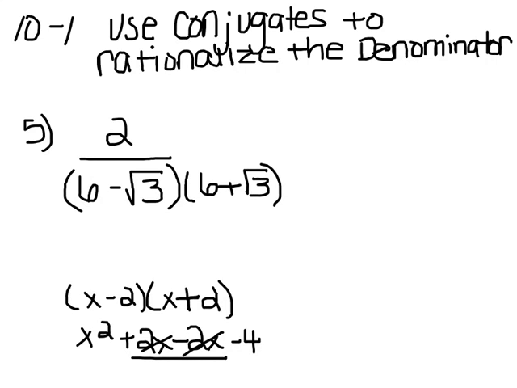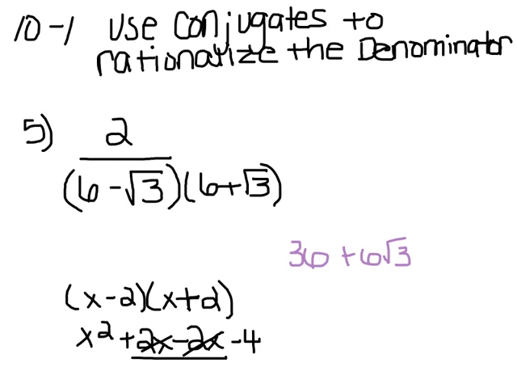By doing this, so if I do this off to the side, our middle terms will cross off and we won't have any more radicals in our denominator. So 6 times 6 is 36. 6 times radical 3 will be 6 radical 3.